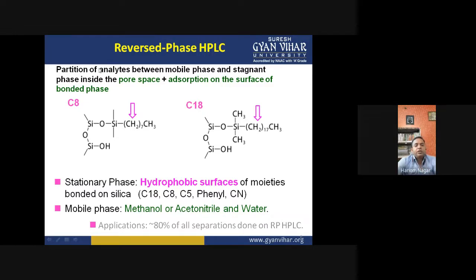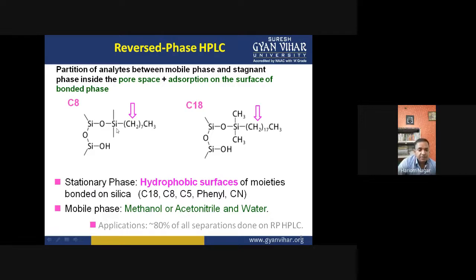The given structures are for stationary phases. This is a stationary phase with an 8 carbon chain. It is simple silica gel, and on the silica gel the 8 carbon hydrocarbon chain is present.